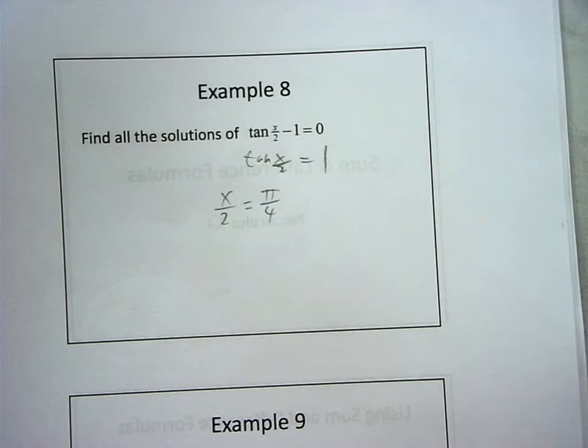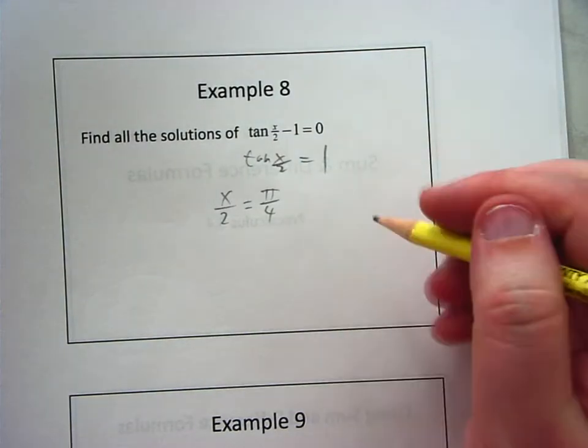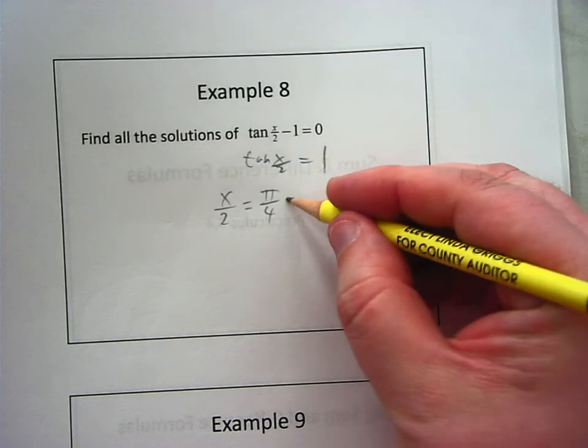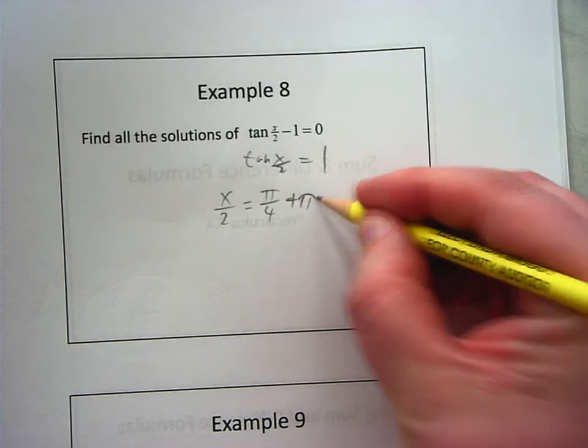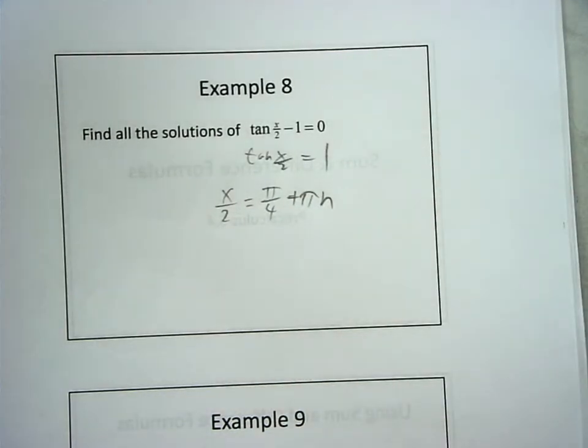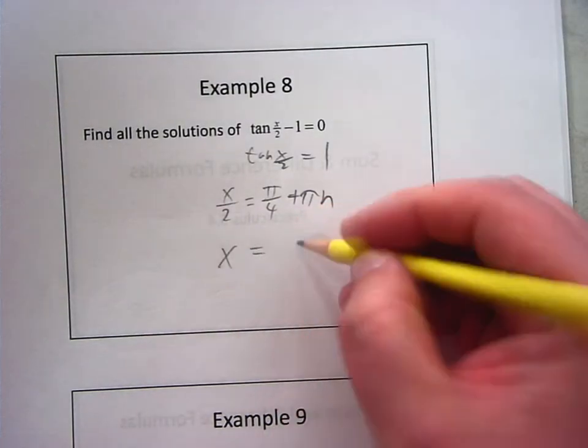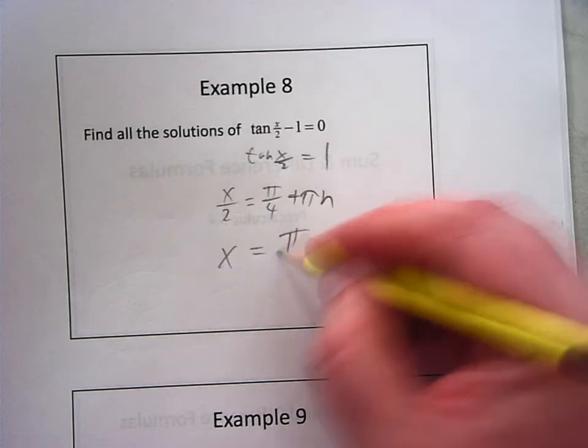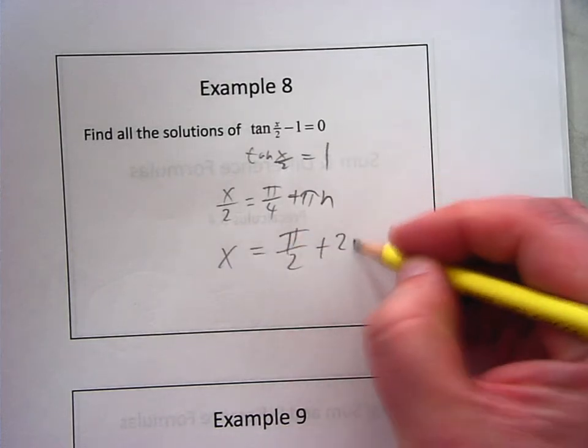And how often does that repeat? Every pi or every pi n? Okay. Now it also occurs in the third quadrant, but adding pi n hits that one, so you don't need to worry about it. But then x over 2 means I have to do what? Multiply by 2. So that's going to give me? Plus 2 pi n.